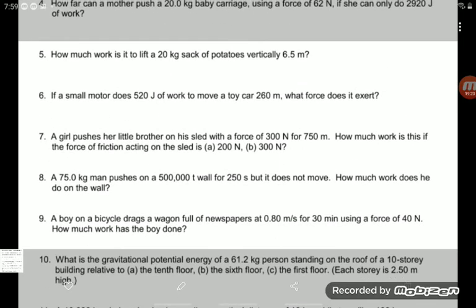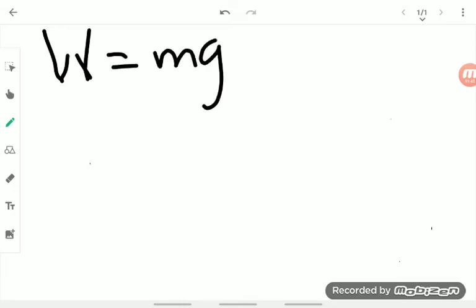Number 5. Number 5 says, how much work is it to lift a 20 kilogram sack of potatoes vertically 6.5 meters? So now we're lifting something, so we need to make sure that we use this formula. Work is equal to mg, the weight, multiplied by the height that we're lifting it.